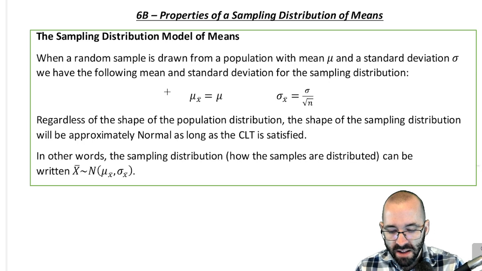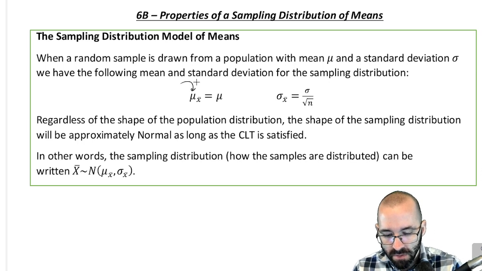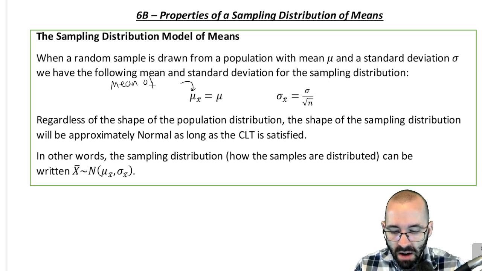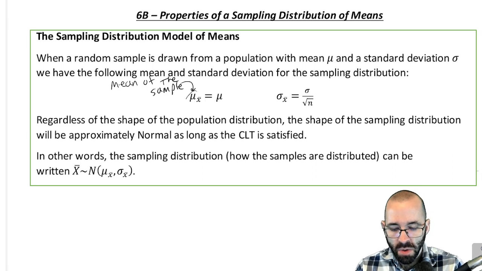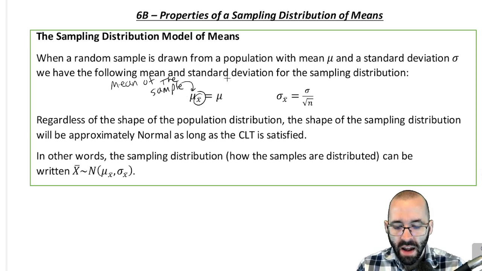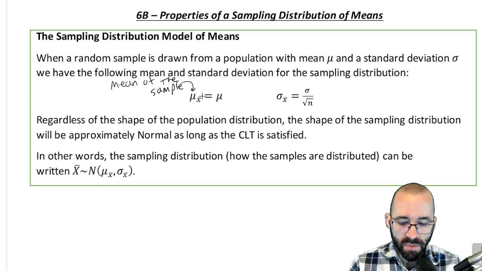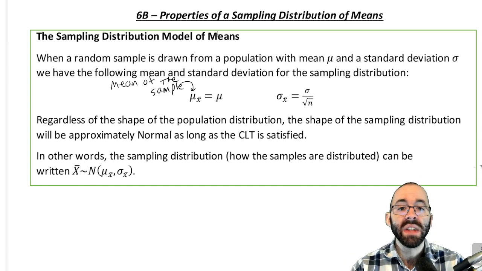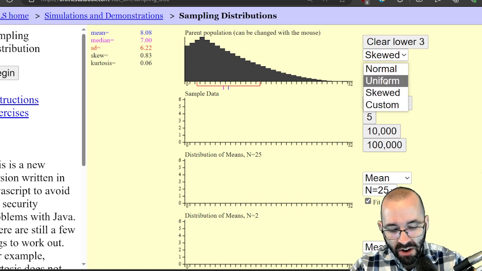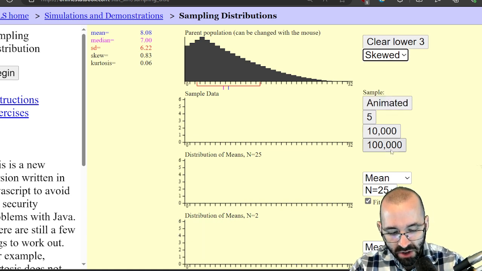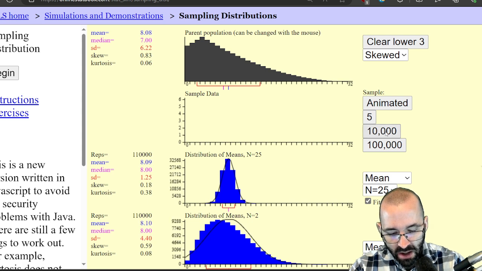This says the mean of the sampling distribution, the mean of the sample mean. Mu means mean, and this subscript means it's the mean of the sample mean, which is kind of weird, but the means will be the same. We saw that, even with the skewed example.